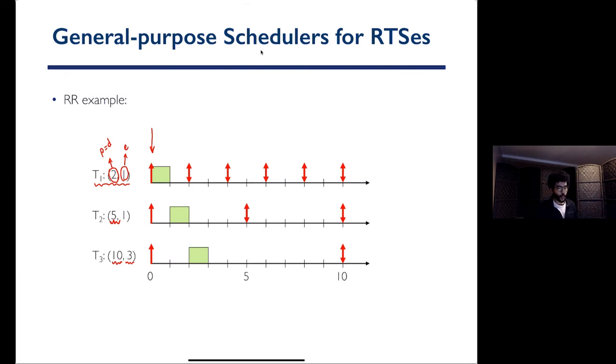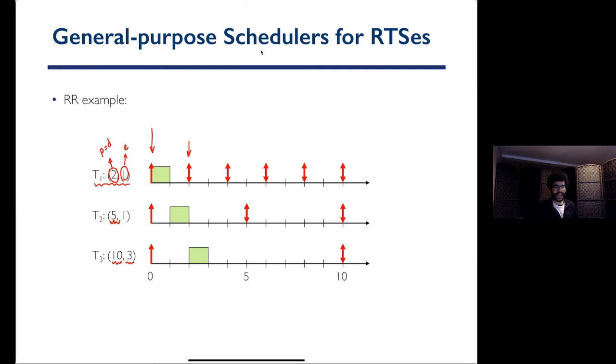Now, who else is in the queue? The T1 job has arrived. Now T2 is done because it only had one job, and that job only took 1 second.